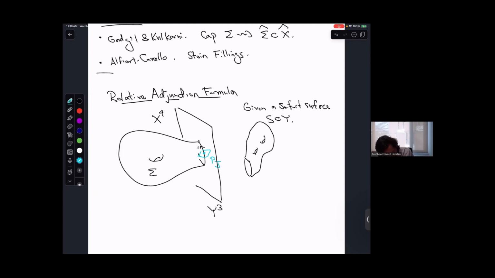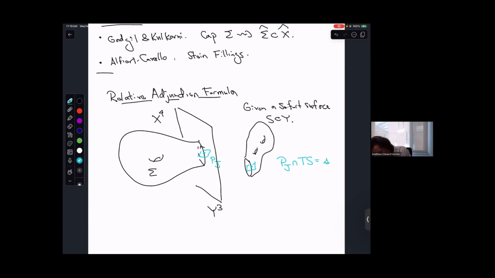Well, then inside Y, I have the intersection of those planes, the contact planes, with the tangent planes to the Seifert surface. And so this is some one-dimensional subbundle, and it gives me a section of that bundle over the circle.